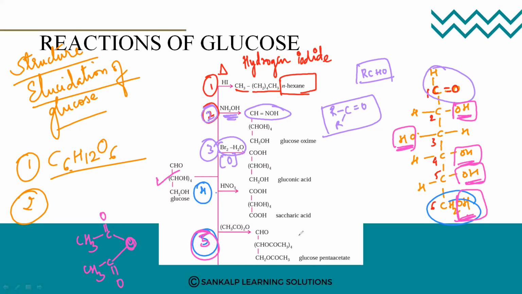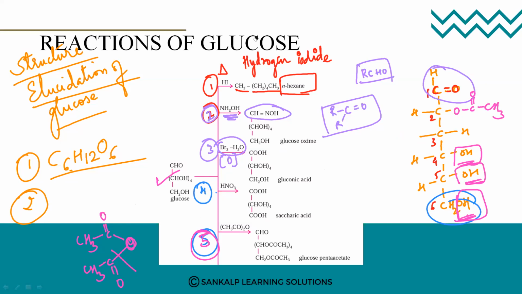This confirms the presence of what? This confirms the presence of 5-OH groups. It means that wherever the OH group is there, this group is going to attach to it, the OC double bond O CH3. This bond is going to break, and everywhere you are going to get this structure.